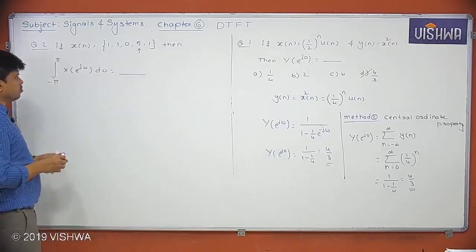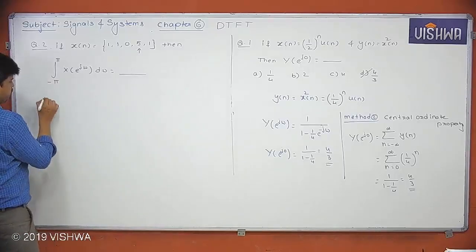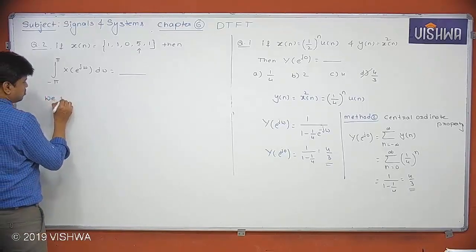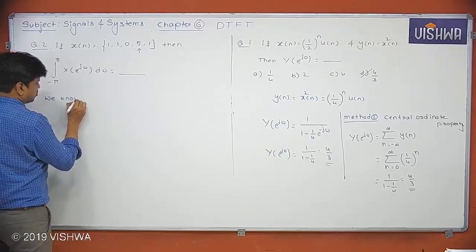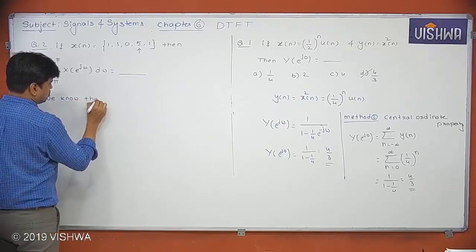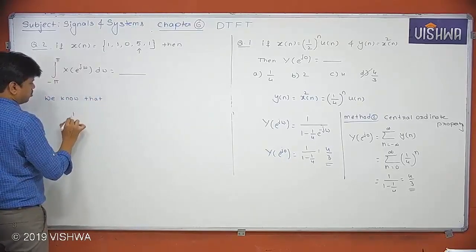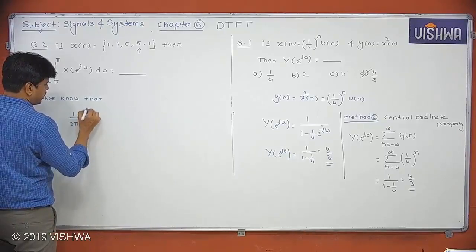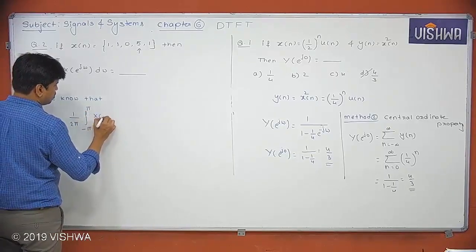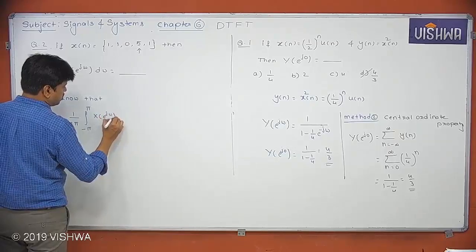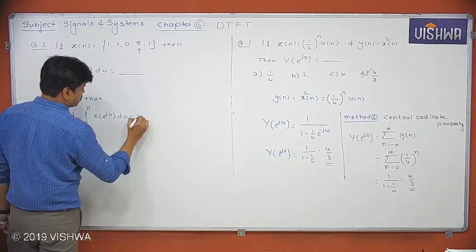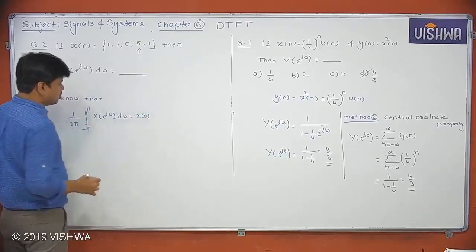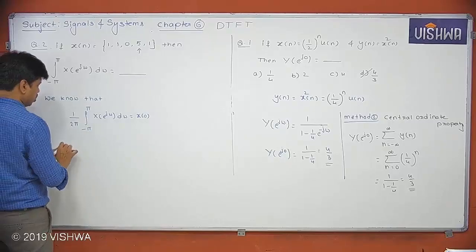Okay. So we know one thing. We know that 1 by 2 pi integral from minus pi to pi of X of e power j omega d omega is equal to small x of 0. So we don't have this 1 by 2 pi factor.